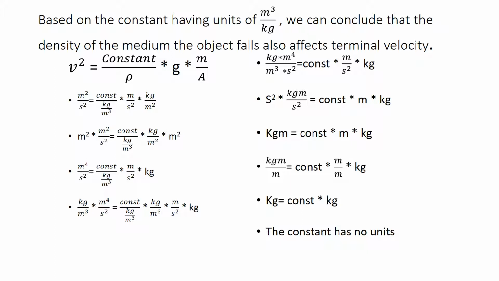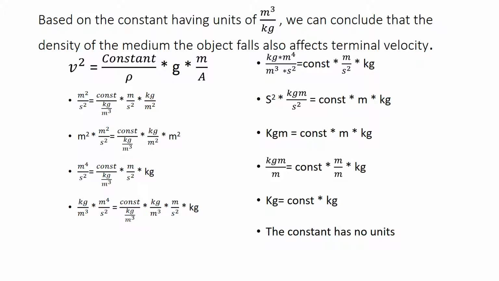So the first thing I would probably do is multiply both sides by meters squared. So then we would get meters to the fourth power divided by seconds to the second power equals constant divided by kilograms per cubic meters times meters divided by second squared times kilograms.